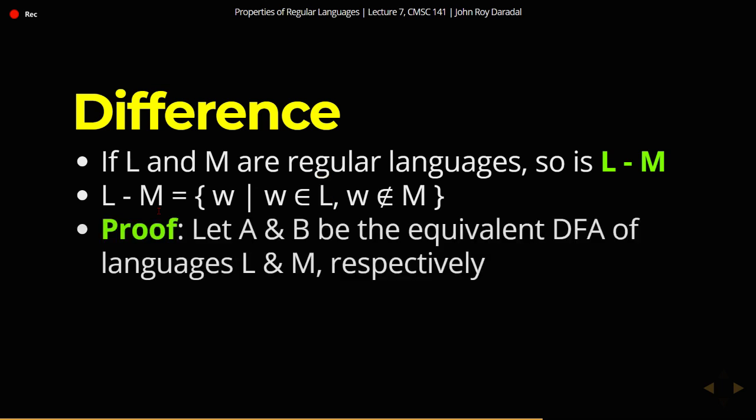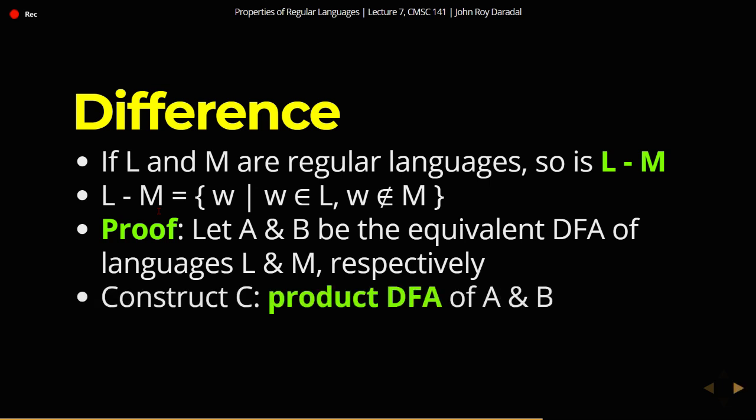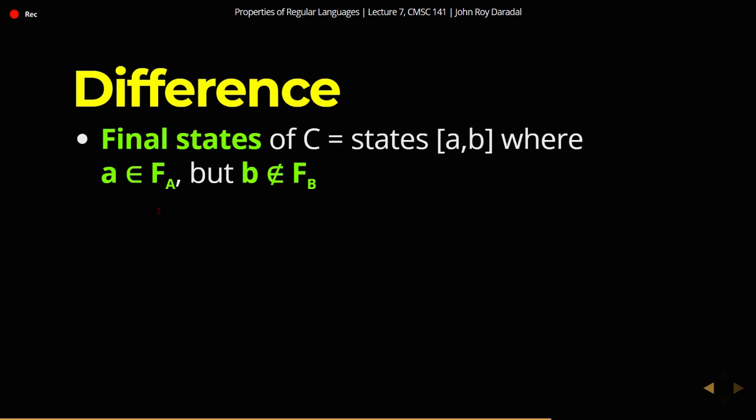So for the proof, we will also use the DFAs of the two languages. So we'll call that A and B. And we'll also construct the product DFA. But this time, for the difference, the final states would be states A, B such that A is a final state, but B is not.